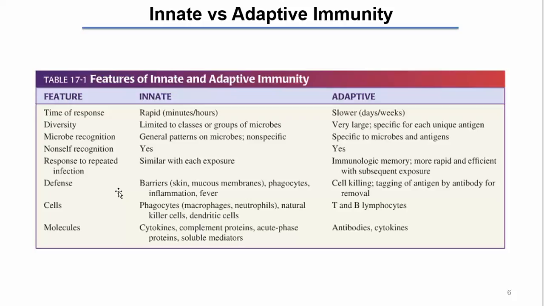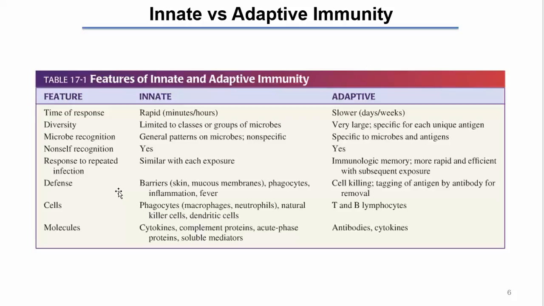Whereas the adaptive immunity is mostly about cell killing. Phagocytes are the big important part in the innate, and the lymphocytes, T and B lymphocytes, are the important ones in adaptive.